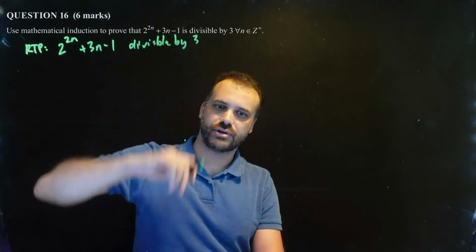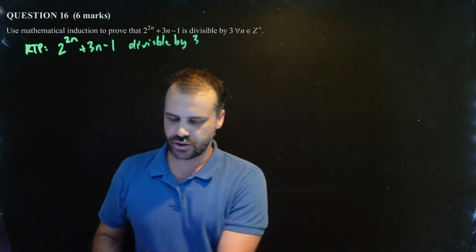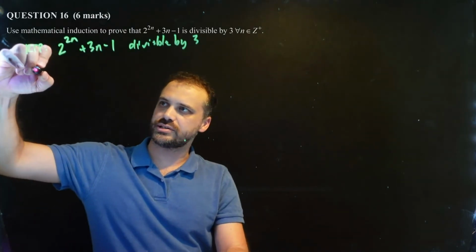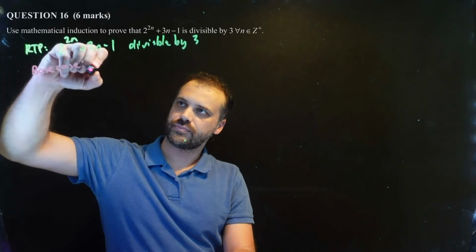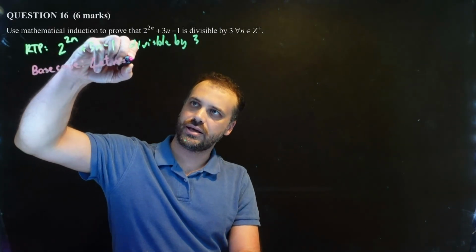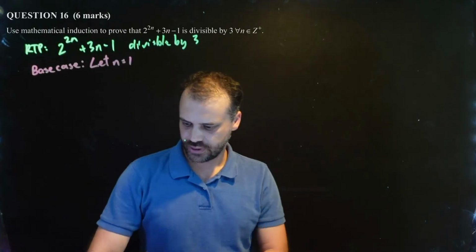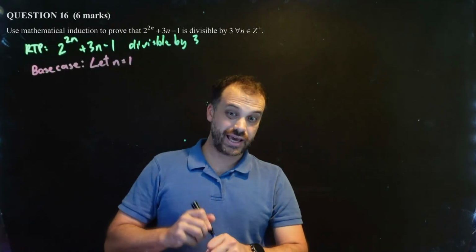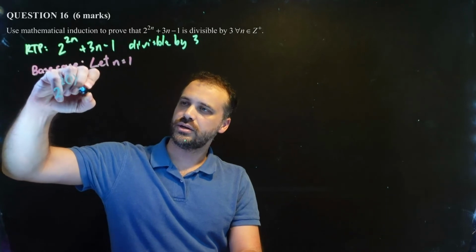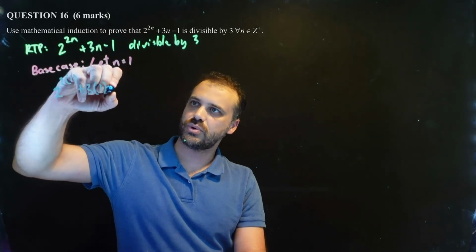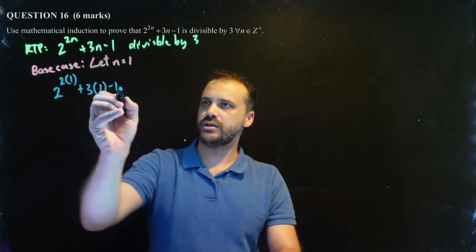All right, the first thing I will do, and I encourage you to write things like this, is the base case. Let n equal 1. Okay, so when we let n equal 1, we get 2 to the 2 times 1, plus 3 times 1 minus 1.